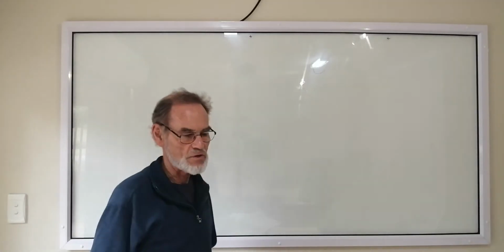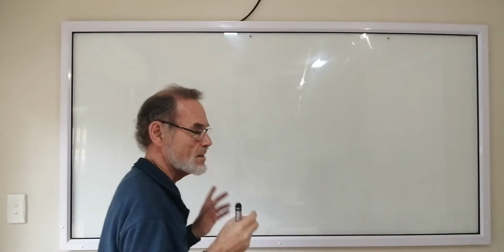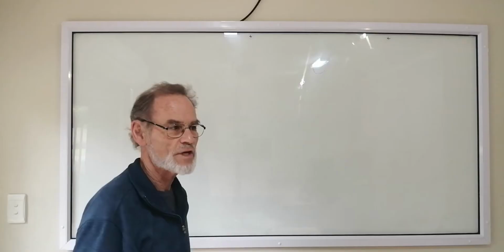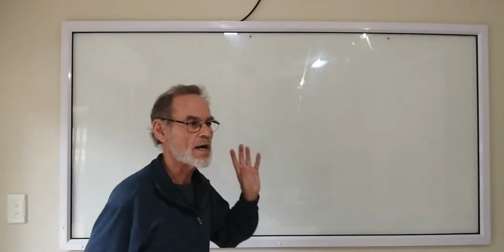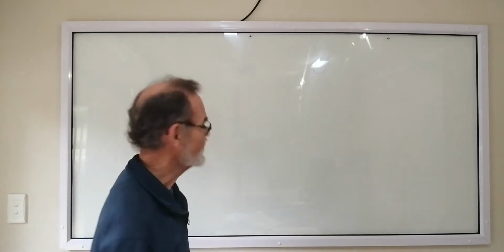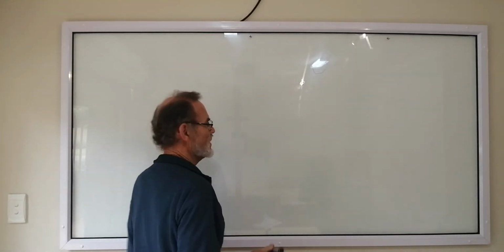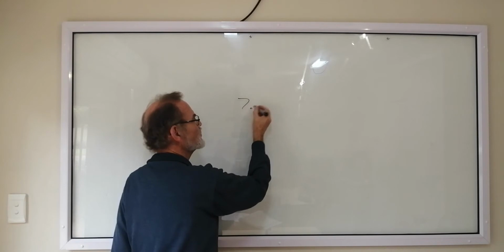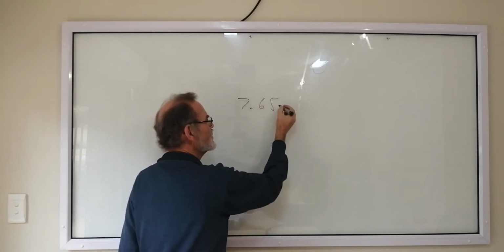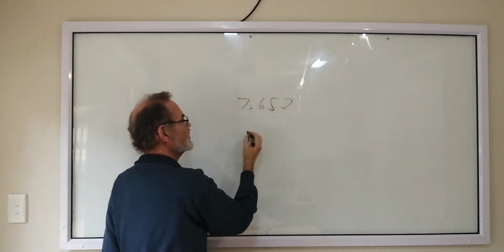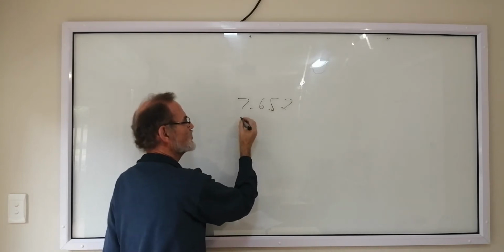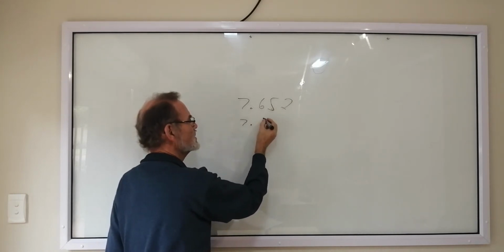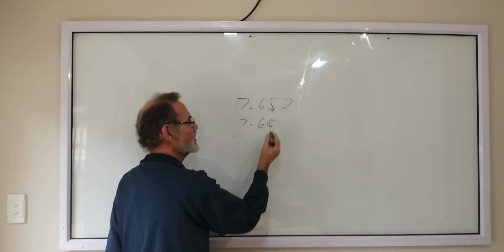So just remember, if they say answer to 3 significant figures, you've got to count the numbers. If it's decimal places, then it's decimal places after the decimal point. So 7.652. If it's 2 decimal places, you will write it as 7.65. Okay?